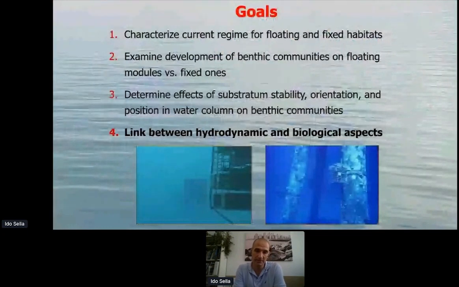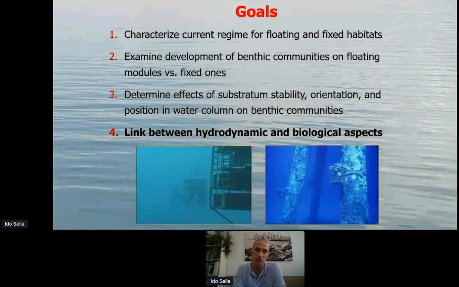The idea was to identify a habitat where we can do side-by-side fixed and floating structures and analyze the forces working on them, and of course connect that to the biological community that developed on them.